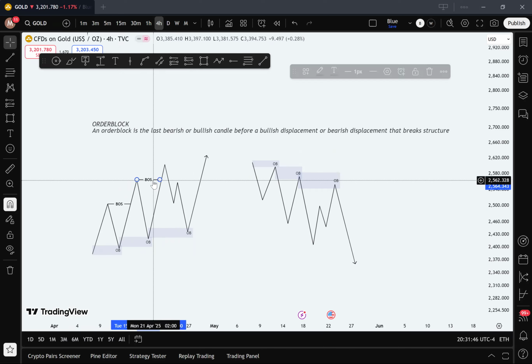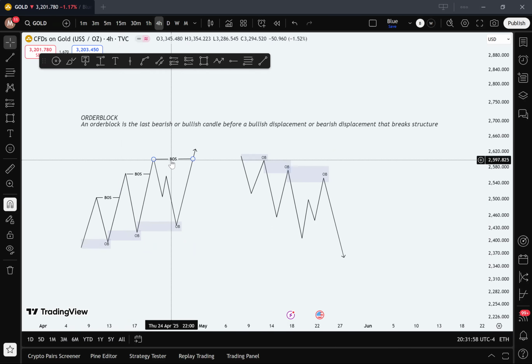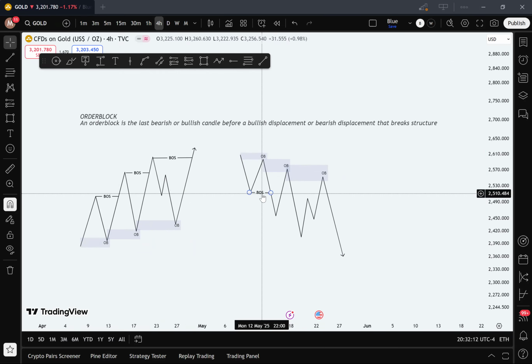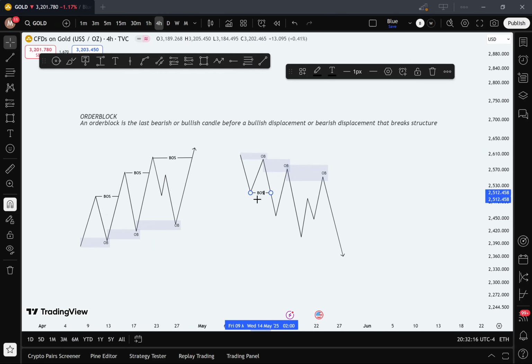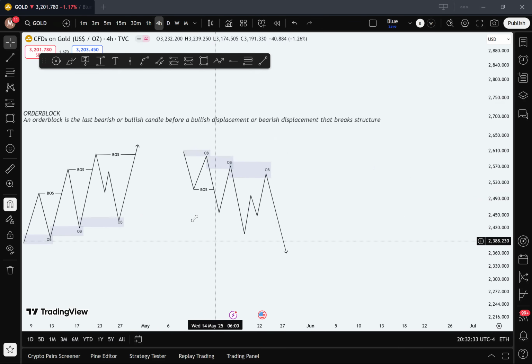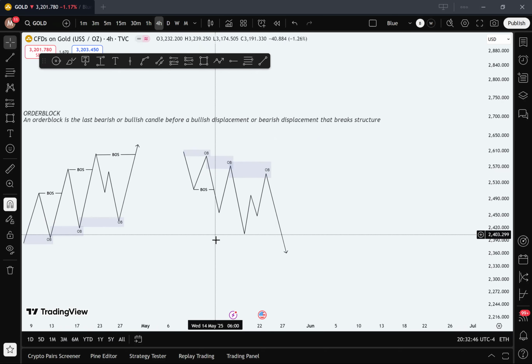When we say a bearish order block, what we mean is that it is the last bullish candle before a displacement that broke structure.